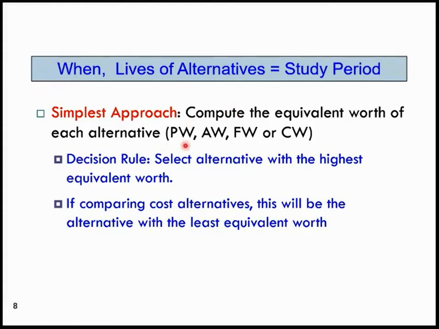And here, if you use these equivalent worth methods, the decision rule is to select the alternative with the highest equivalent worth. And if we are comparing cost alternatives, we will select the project which ends up with the least equivalent worth.